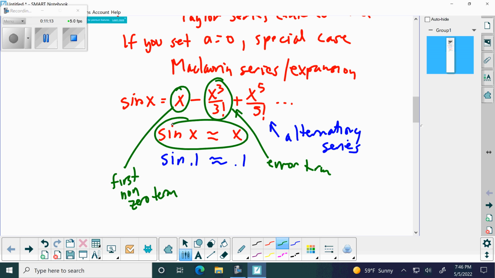What's my error? My error is going to be 0.1 to the third over 3 factorial, which is approximately equal to 0.0001666 and so forth, with the 6 repeating.